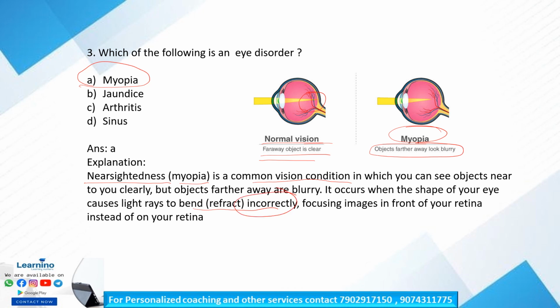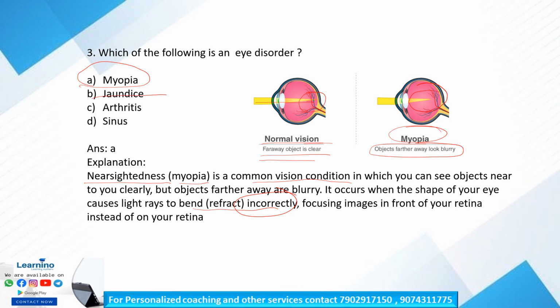See here, the light is refracted incorrectly and not focusing on the retina, whereas in normal vision, the light is focused on the retina. So myopia, also called nearsightedness, is a condition in which objects further away look blurry. Clear? So what are the other options?